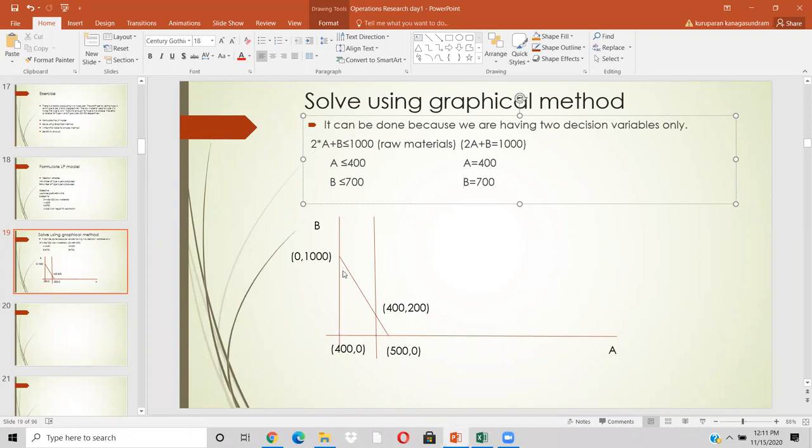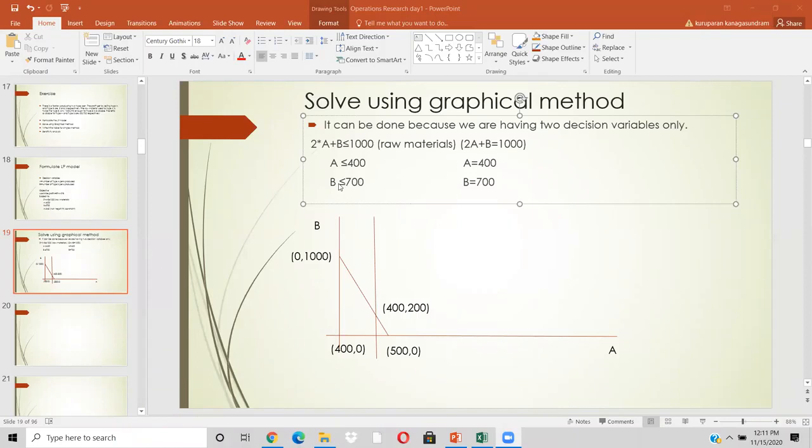So the left region will be feasible. Okay, so this will be the feasible region. We have to draw the line for this last constraint.